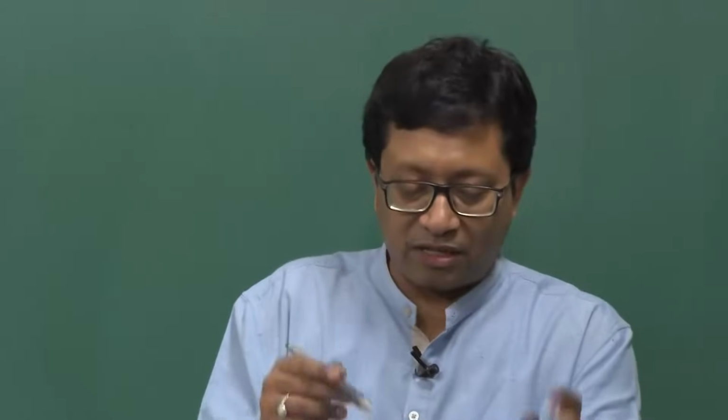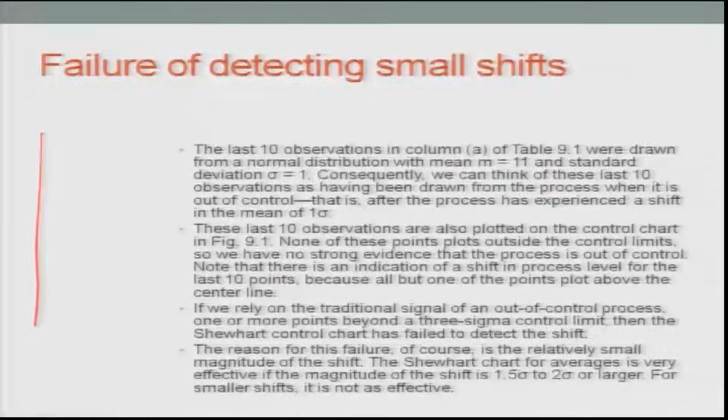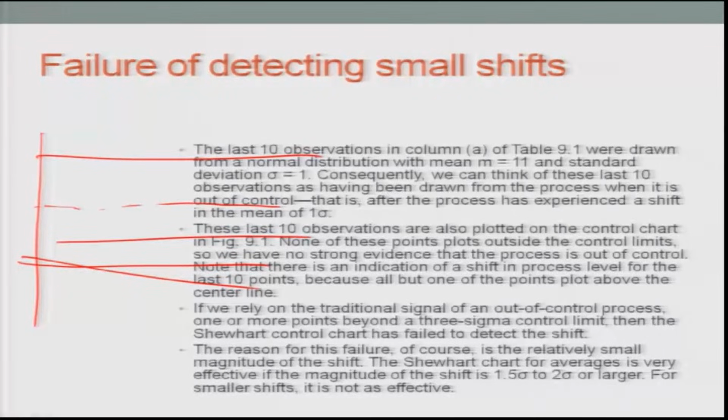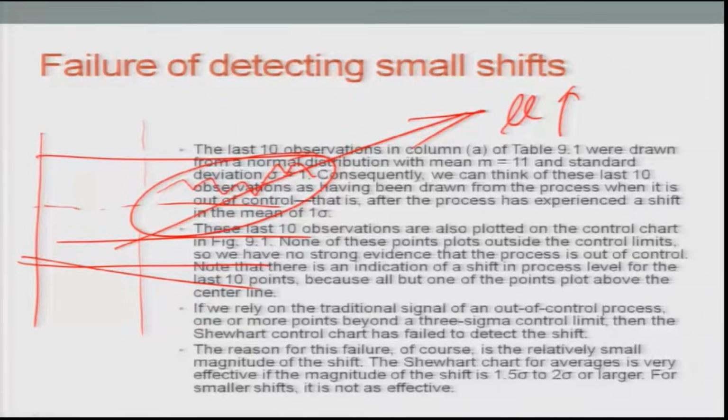What I mean by the trend is, I will try to draw a line. Consider this is the central line, this is the upper line, this is the lower control line. These are, for example, the first set of data you have taken from here. If the next point shifts like this, the trend would be going upward, which means the mean value is increasing.